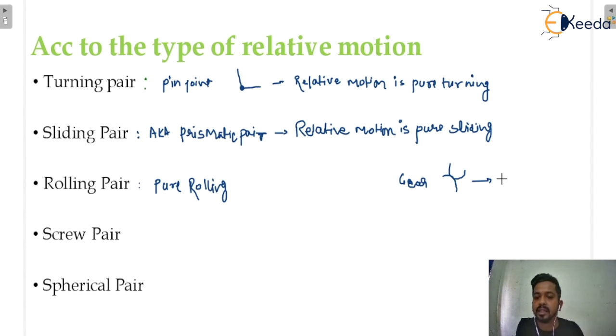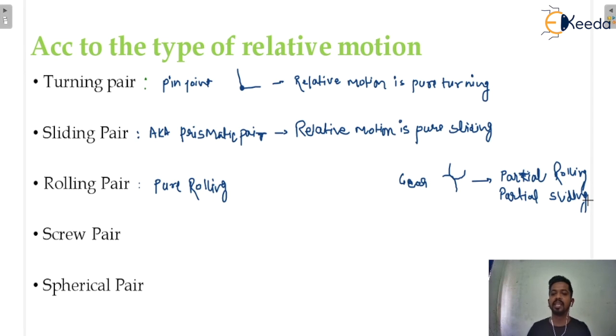They are making partial rolling and partial sliding. So basically in the gear, partial rolling and partial sliding are there. It is not making a rolling pair, that means there is no pure rolling motion. Only partial sliding and partial rolling will be there. So you need to understand.